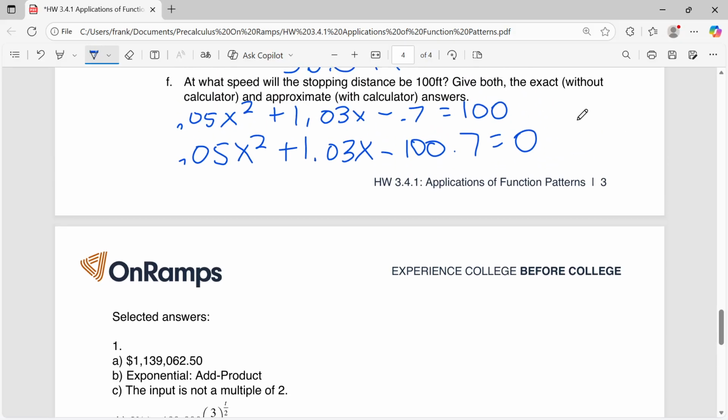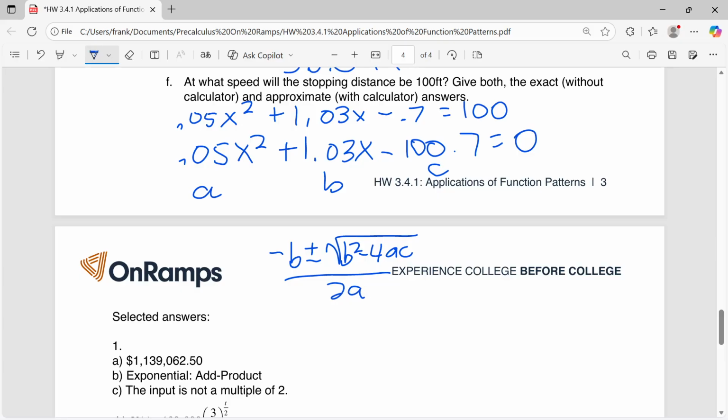This is not going to factor. I have to use the quadratic equation. So remember, this is a, b, c, and I need negative b plus or minus the square root of b squared minus 4ac, all divided by 2a.